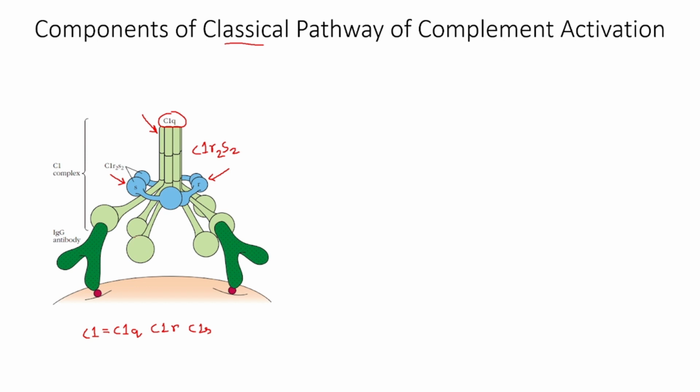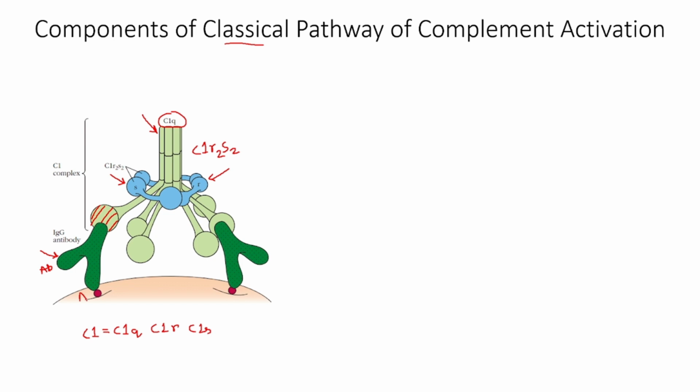And this portion of the C1Q subunit that I am highlighting here is the portion which actually binds to an antigen antibody complex. So here, as you can see, this dark green thing that is shown is the antibody, and this antibody has been bound to antigen present on the microbial surface.